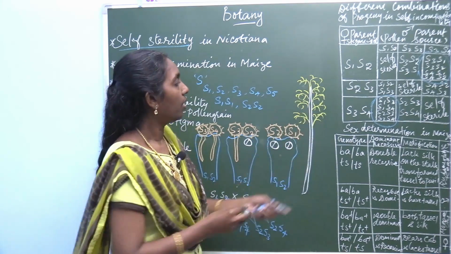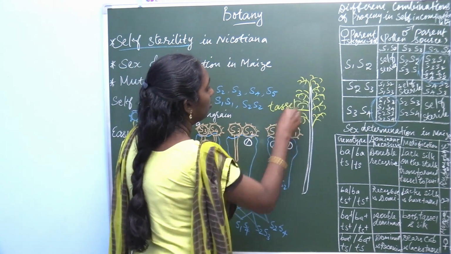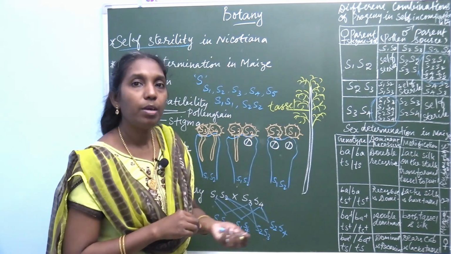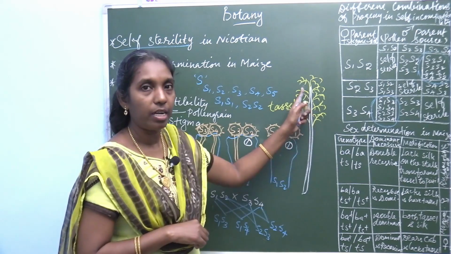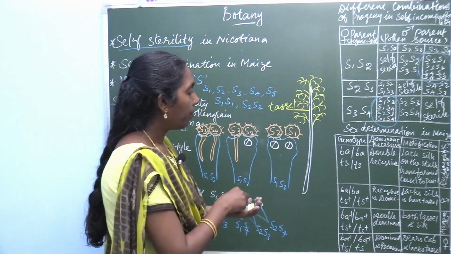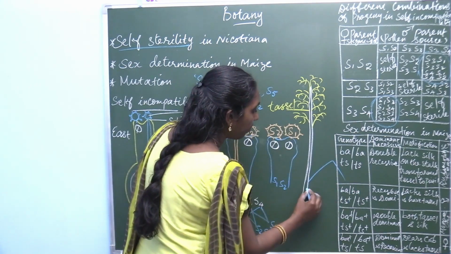This is the male flower, the tassel. And the female flower develops at the lateral side. At the terminal side the male inflorescence develops; the female flower develops at the basal region. This is the leaf.